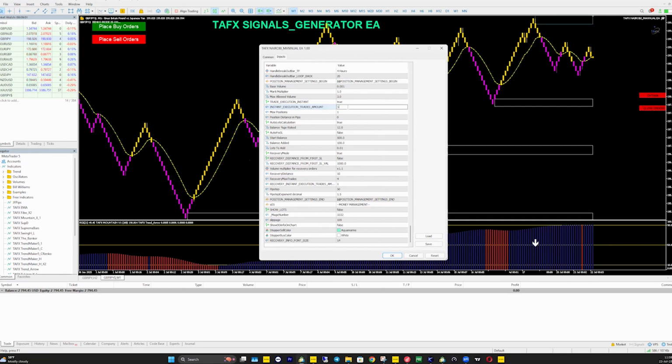This means when I enter into the market, it will enter 5 positions at once. I think I will cover one day about this instant execution, but it is as simple as that: if I set 5 here and trigger a buy, it will take 5 positions at once.